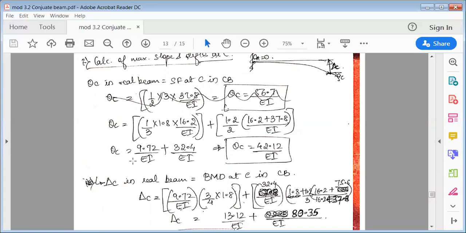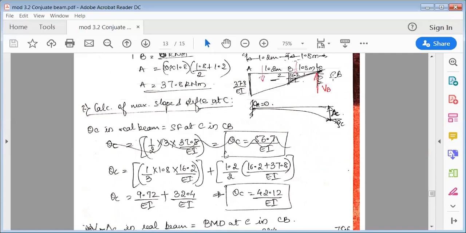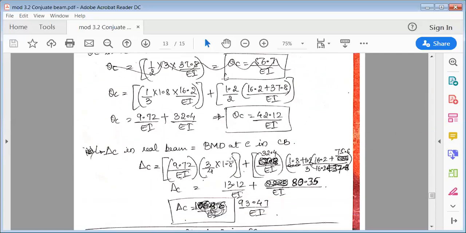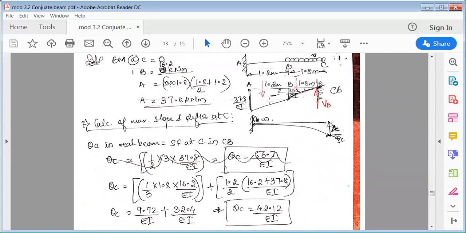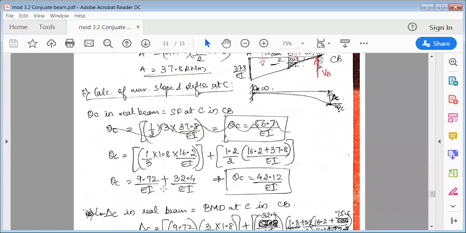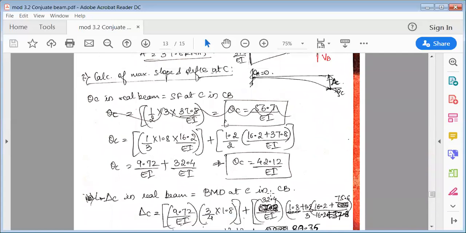So for the area of the triangle, I've written here area into its CG distance. With respect to C, with respect to the apex, it is 3/4 of 1.8. Then plus the next distance. Again, you have already calculated the area here, then you only have to calculate the CG. So it is 32.4 divided by EI, the area, into the CG distance.